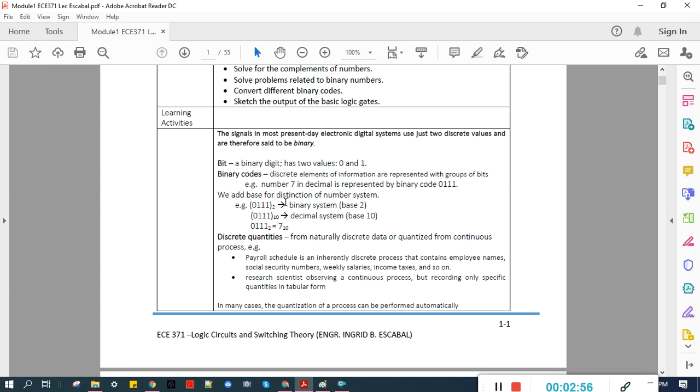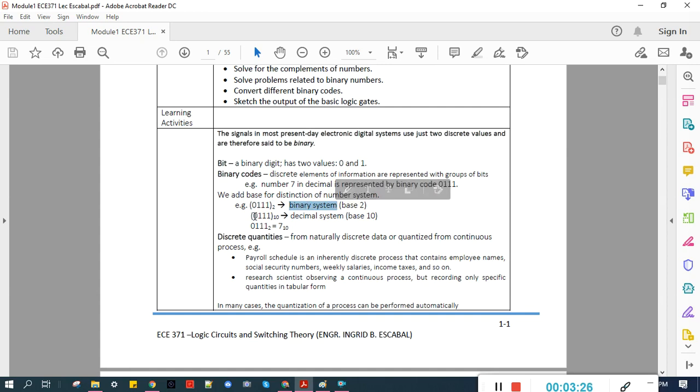We add a base for distinction of the number system. For example, we put the base 2 in this expression, 0111 base 2. We add the subscript 2 to indicate that this 0111 is in binary system.